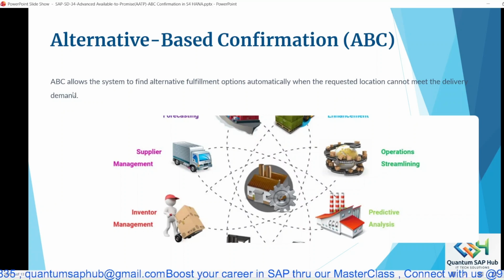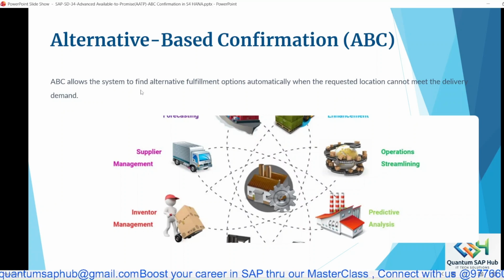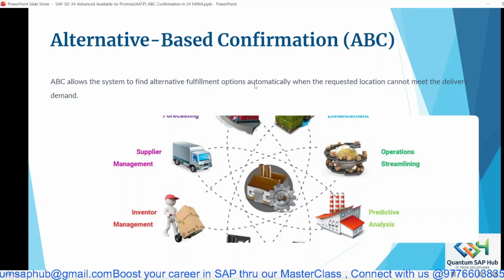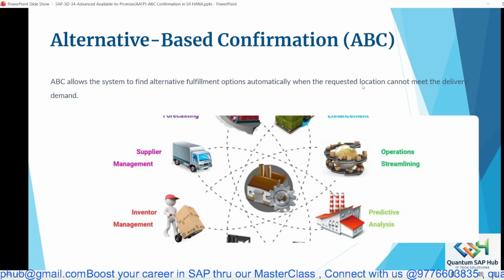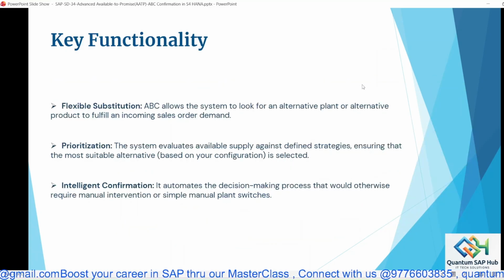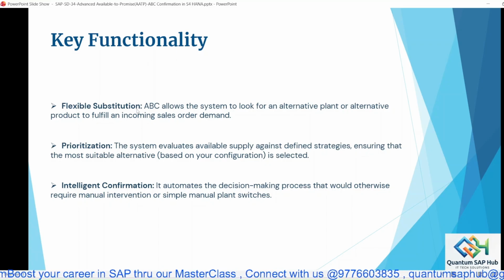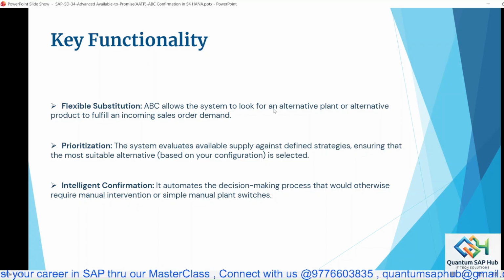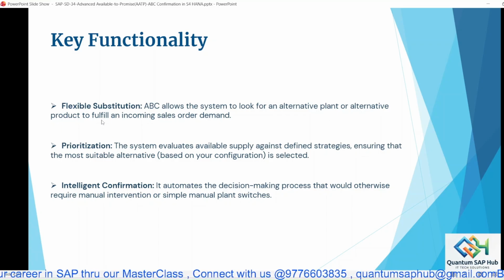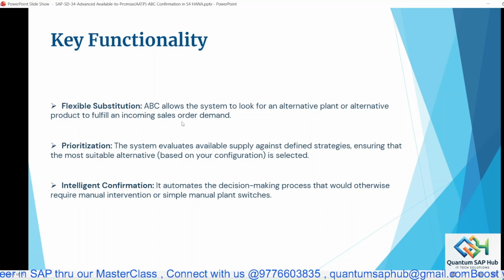ABC allows the system to find an alternate fulfillment option automatically when the requested location cannot meet the delivery. So what is the key functionality? It is flexible substitution. It allows the system to look for an alternate plant or product to fulfill an incoming sales order demand.